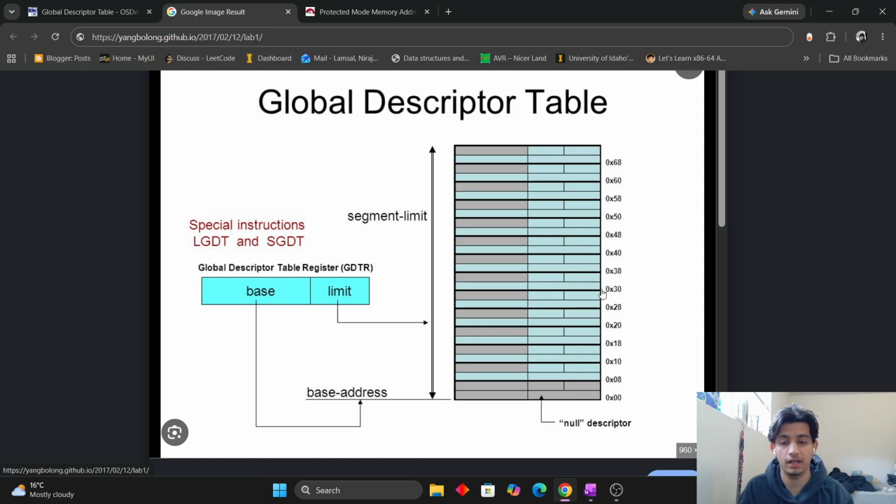and the later descriptors we will define. We will first define them and then put them into the GDTR register, which tells the base of the global descriptor table and the limit, like how big the global descriptor table is, and then we will load it into memory. So that is the plan.